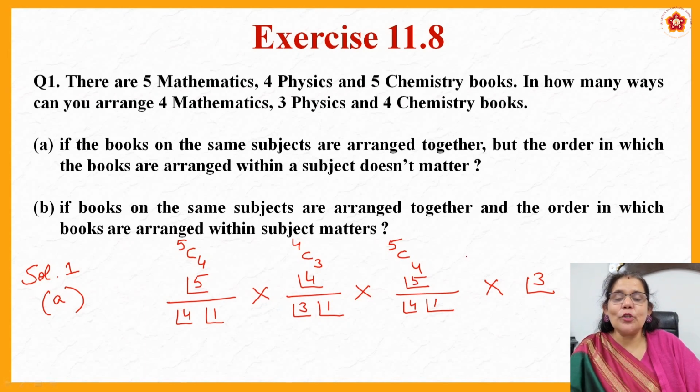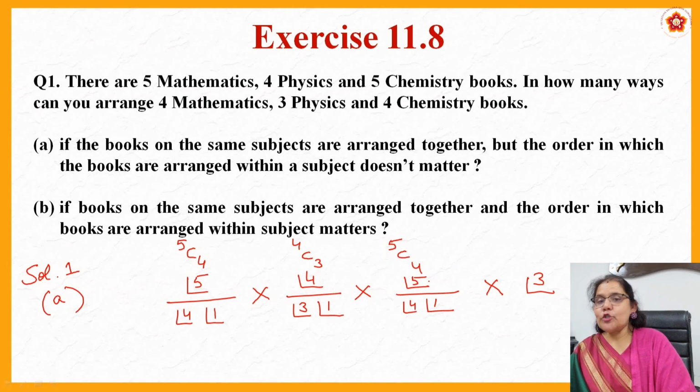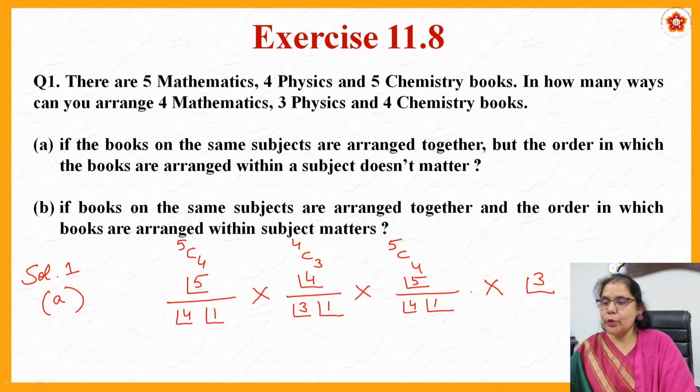They are put together, so that means we have got 3 units: the first unit of maths books, the second unit of physics books, and the third unit of chemistry books. And in how many ways can these 3 units be arranged? It would be factorial 3 ways. So just solve this and see what answer you get.